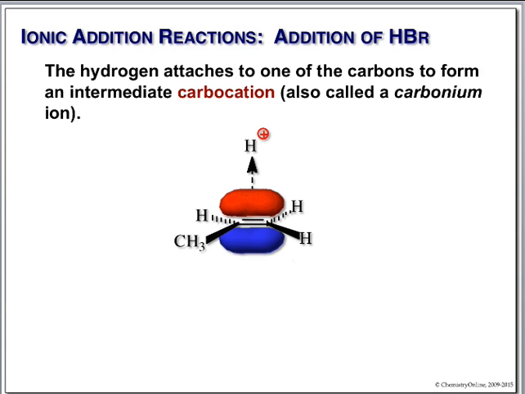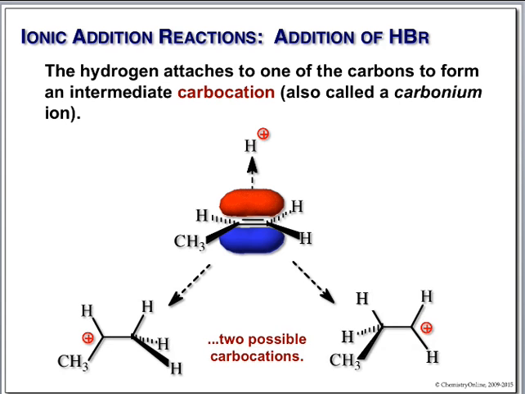I think that's a shame because it makes it really easy to see, as this thing slides down this way or this way, the products you could get. Two products, the two carbocations look like this. This carbon has a hydrogen and two other carbons attached.